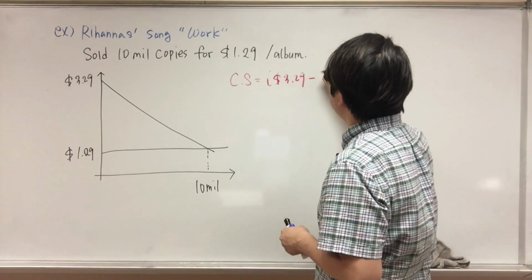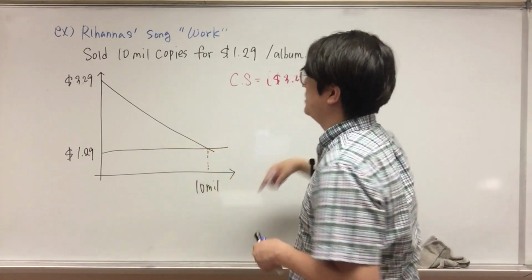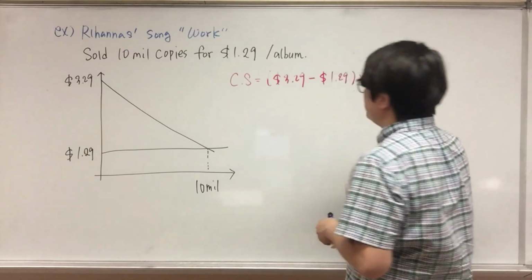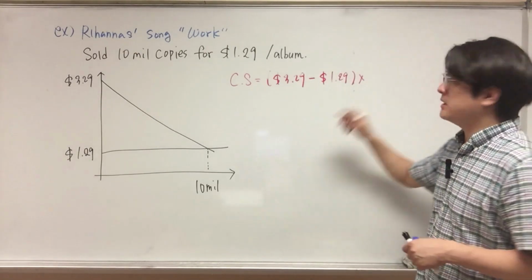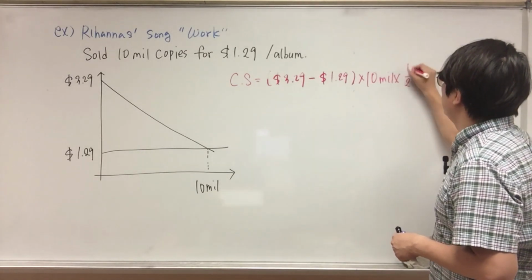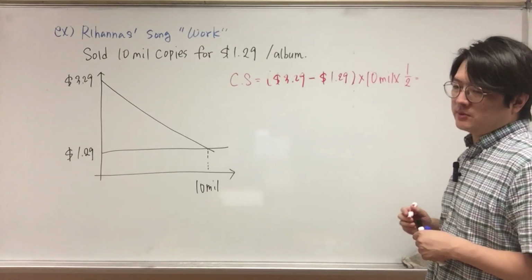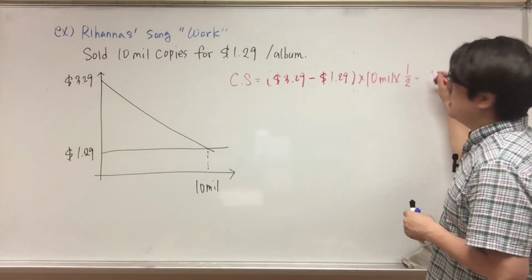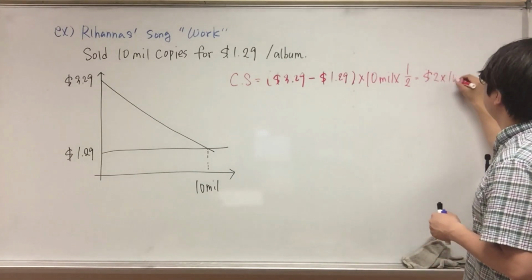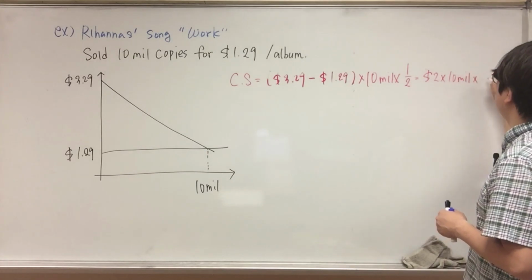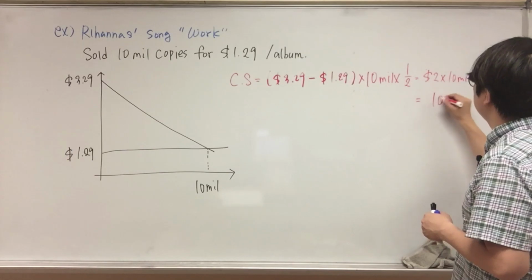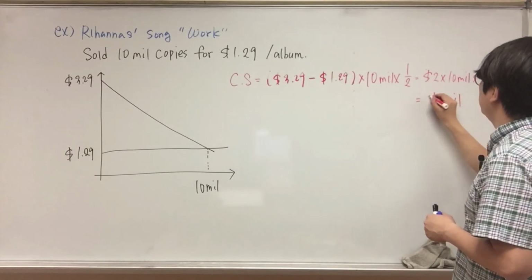$3.29 minus $1.28 times what? Base 10 million times one half. Okay, so what was that? $2 times 10 million album times one half, which is $10 million.